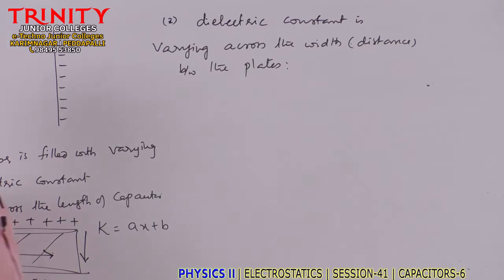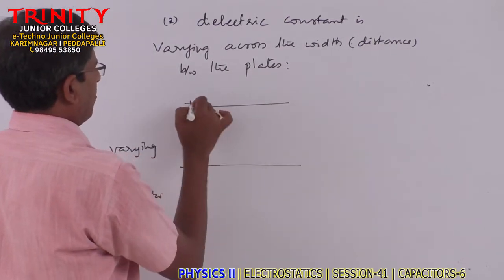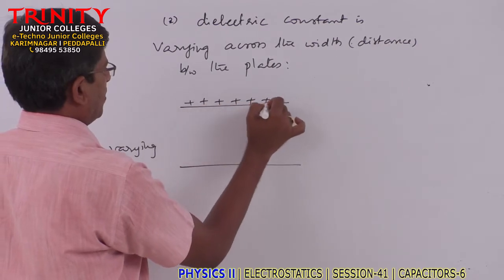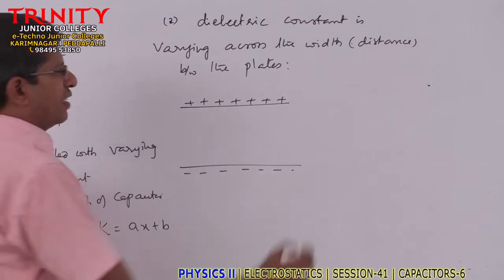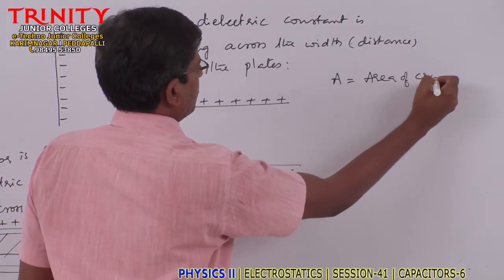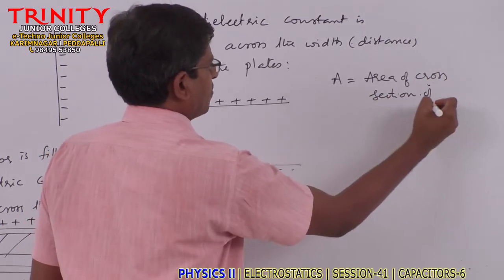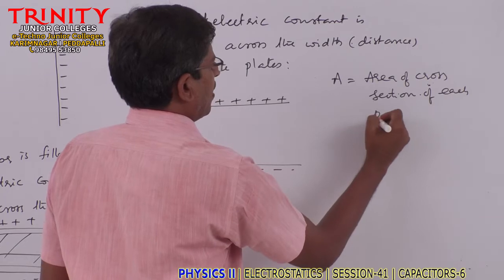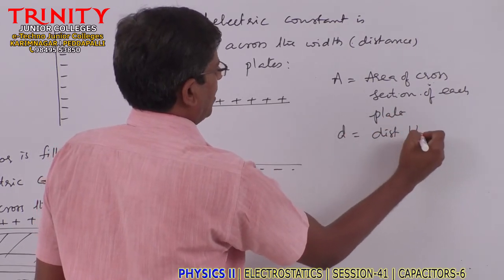Now the diagram looks like this. This is the capacitor with the positive charge in the upper plate and equal negative charge in the lower plate, and the area of cross section of each plate is A. And d is the distance between the plates.